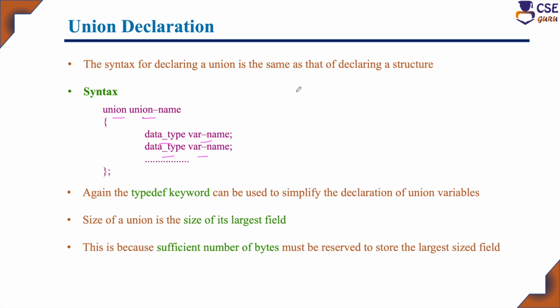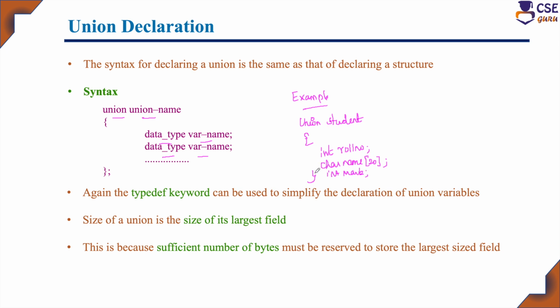For example, here the union name is student, and within the braces: data type integer roll number, character name of 20, and int mark.